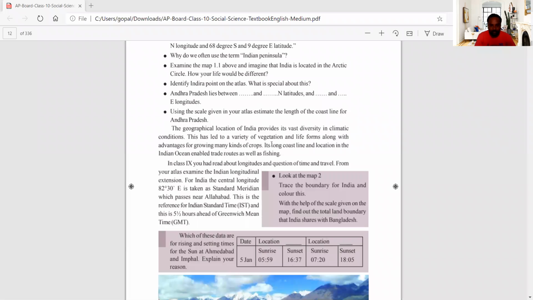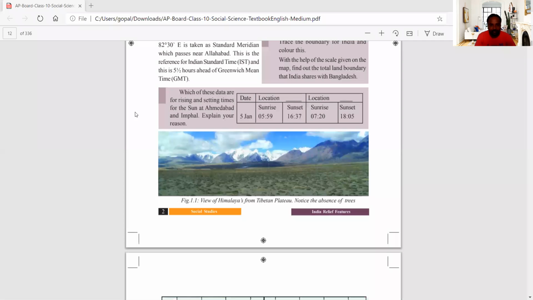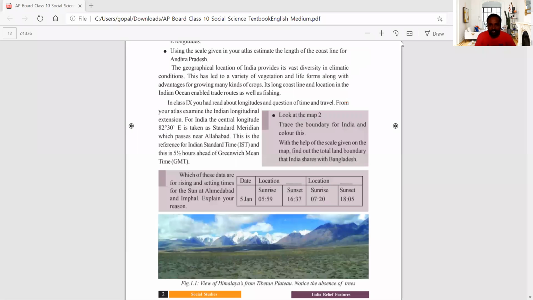If you see here, this is the standard meridian also. We have discussed many times about this standard meridian. Based on this standard meridian, we can see this 82.5 degrees east longitude. 82.5 degrees east longitude means we are taking the IST, Indian Standard Time.